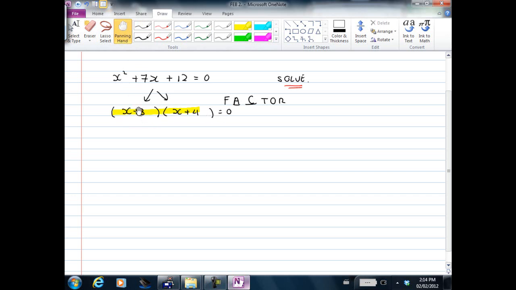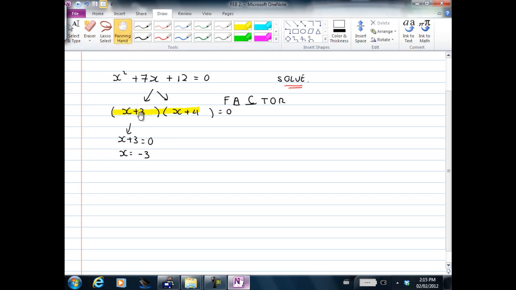So let's set this bracket to 0: x plus 3 equals 0, because if the first bracket is 0, it doesn't matter what the second bracket is. I will get 0. So I have to solve for x. X equals -3. Very nice.